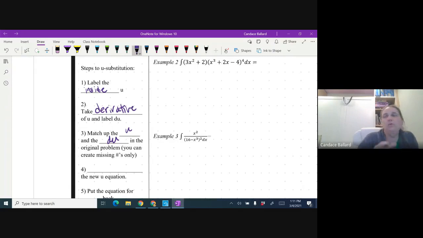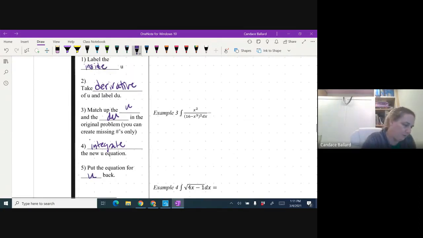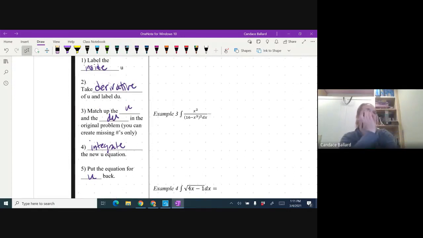And remember, when we're trying to match things up, we can only create numbers, not variables. Okay. Then you're going to integrate the new U equation. It says integrate new equation and put the equation for U back. Okay. I'll leave that on the left there for just a minute.